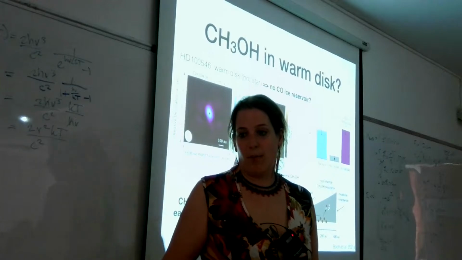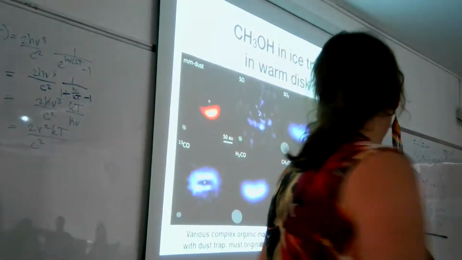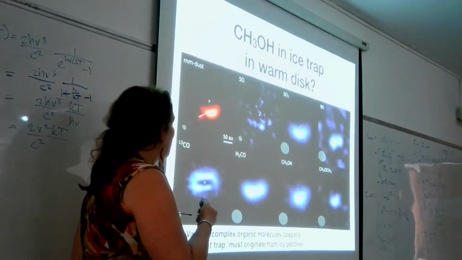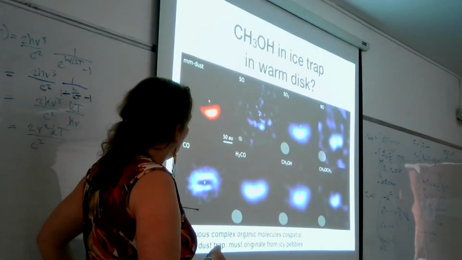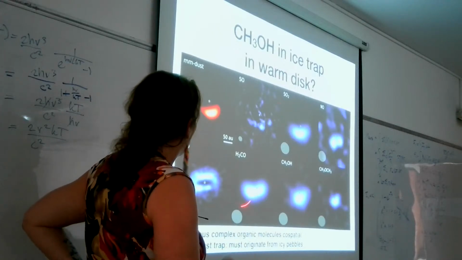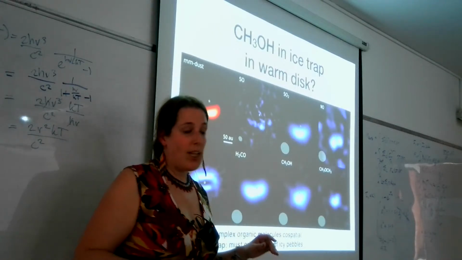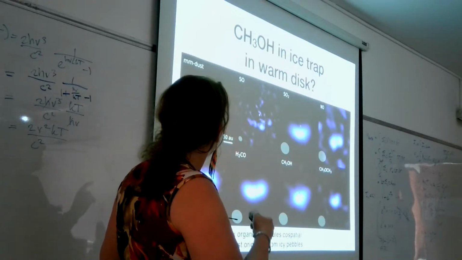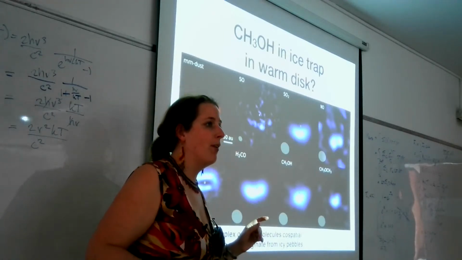example of inheritance. And then around the same time, a second discovery was made in another disk, IRS 48, this asymmetric one. And here, we also detected methanol and also dimethyl ether, and a bunch of other molecules. And these molecules, because of the higher resolution, were clearly co-spatial with the dust trap.